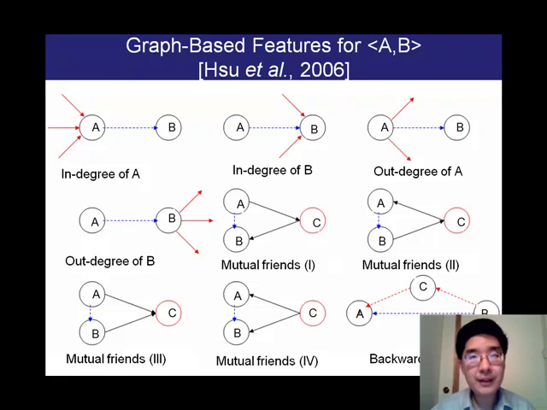Now, in our original work, we looked at identifying graph-based features that are single-node dependent and pair-dependent. The single-node dependent features include in degree of A and B and out degree of A and B. So if we're interested in looking at B as the candidate target friend, A is considering adding B. B might be the publisher or author of a web comic.